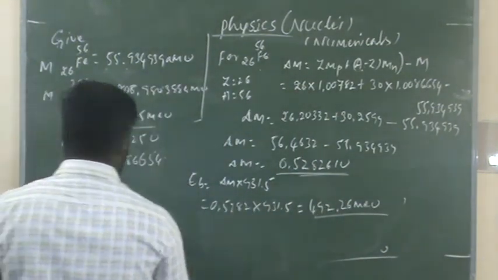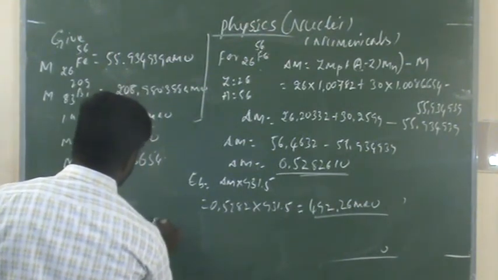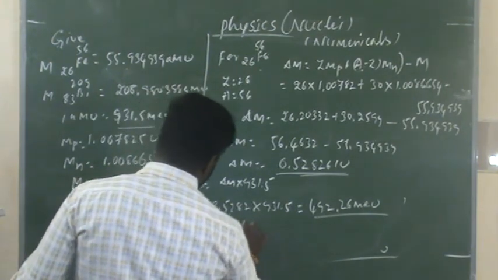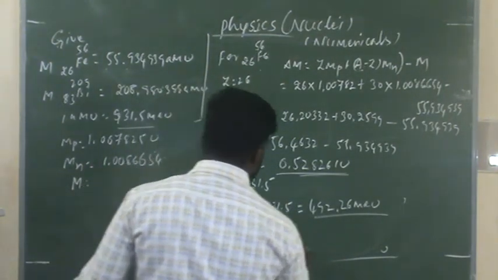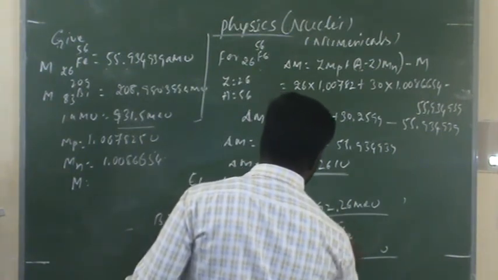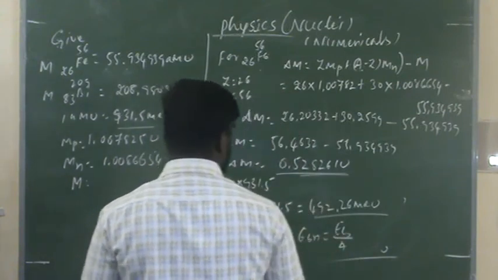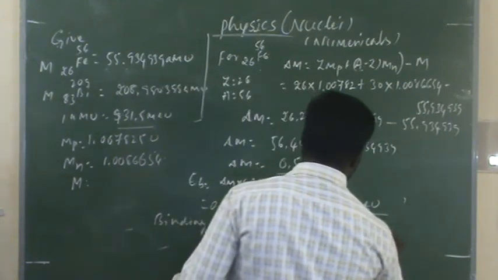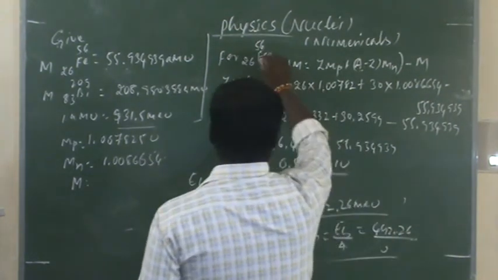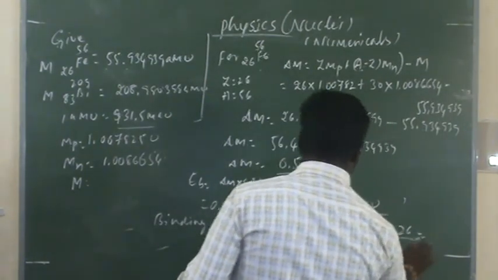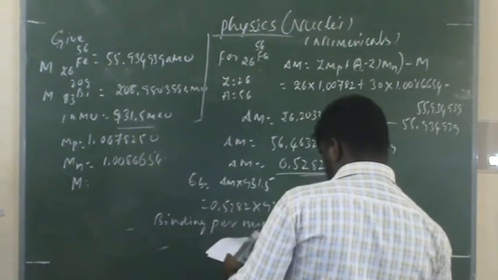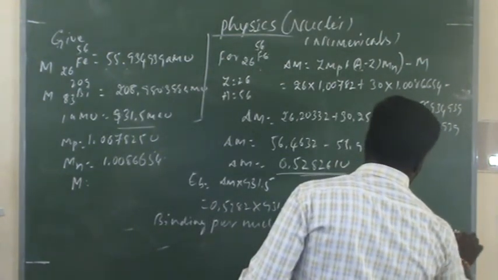And again, the average binding energy per nucleon E_BN equals E_B divided by A. So 492.26 divided by mass number 56 equals 8.79 MeV.